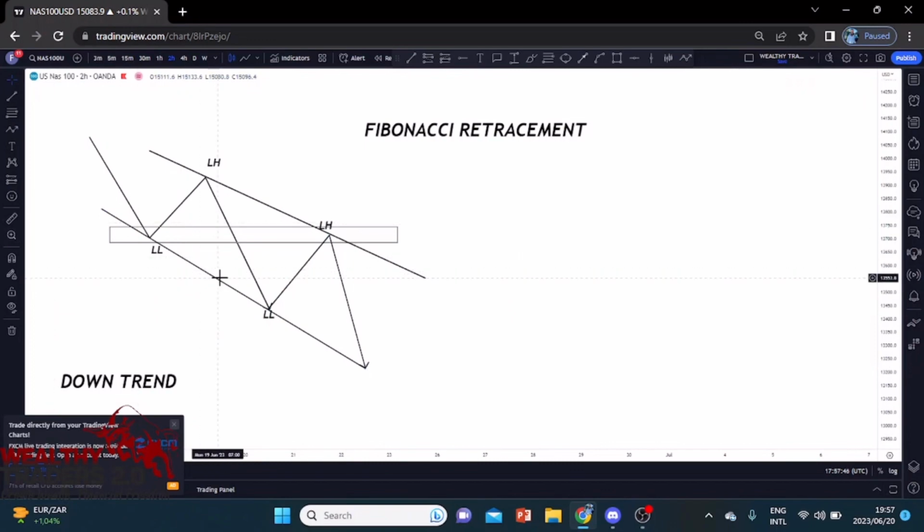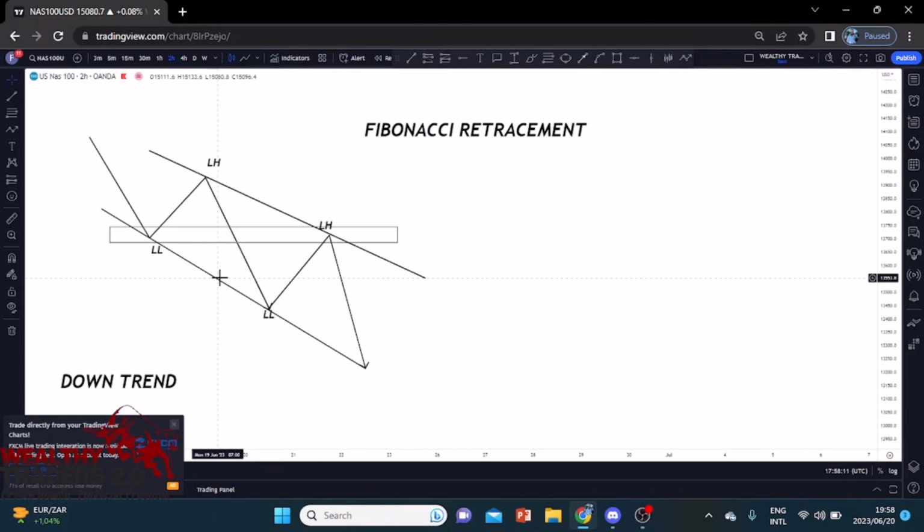So you can see that the Fibonacci goes hand in hand with a lot of things. Fibonacci goes hand in hand with support and resistance.